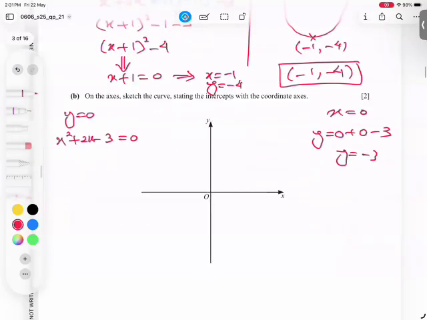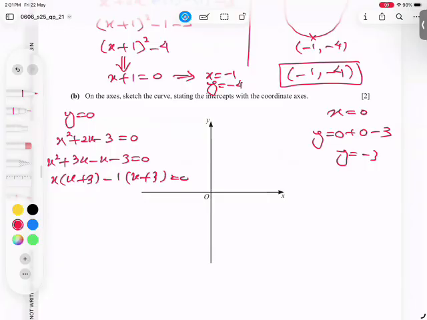Factorization is compulsory for the other: 3 ones are 3, giving 3x positive and -x, so x plus 3 and x minus 1 equals 0. I'm getting two answers, 1 and -3.